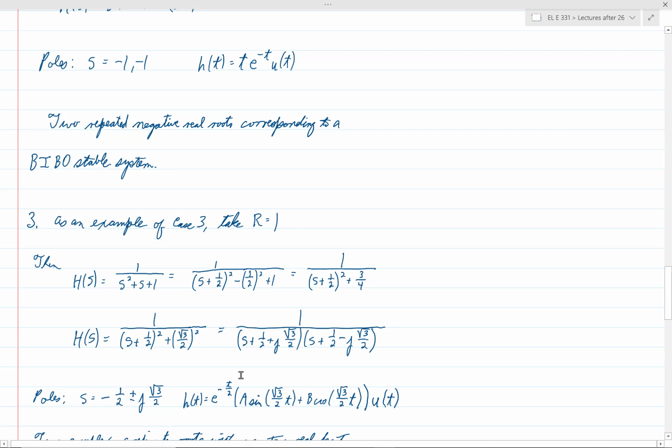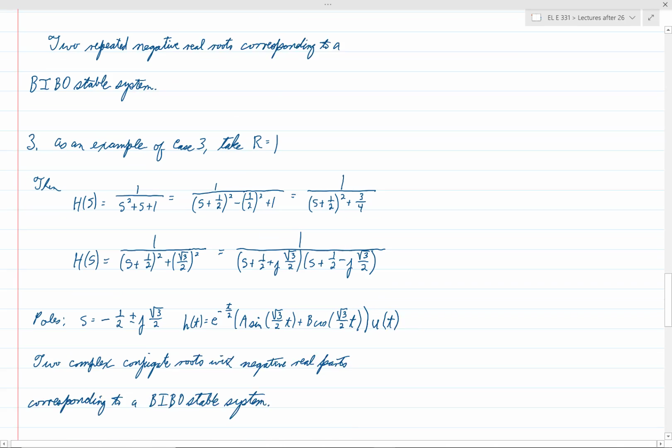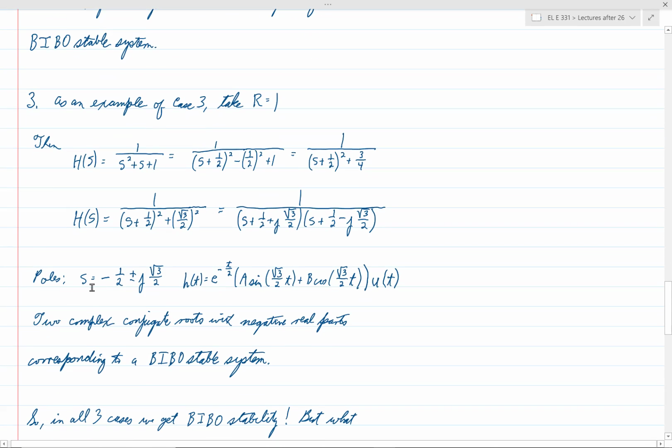So that means that the denominator of H(s) will factor into (s + 1/2 + j times the square root of 3 over 2) times (s + 1/2 - j times the square root of 3 over 2). And so we have two poles here: s = -1/2 plus or minus j times the square root of 3 over 2.